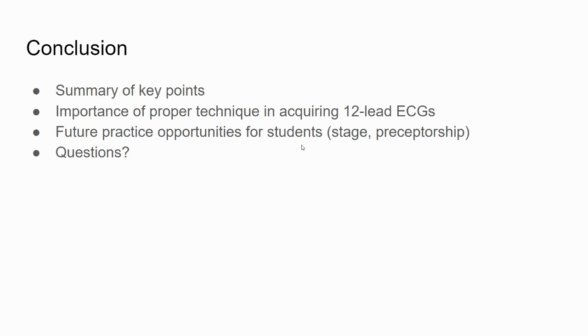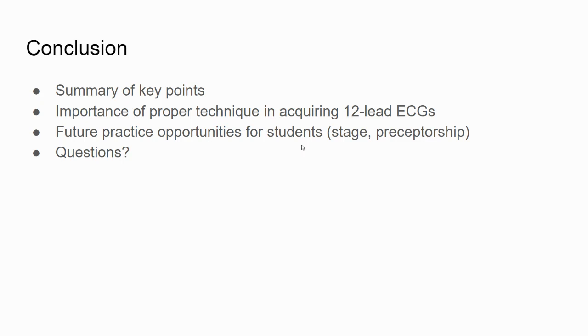So again, here it's extremely important to be able to understand how to acquire and perform a 12-lead ECG so that we have a nice rhythm that we can use to interpret and diagnose. It's important to have a proper technique in terms of proper lead placement and having alternatives to our standard electrode placement should our first standard electrode placement not give us a diagnostic ECG.